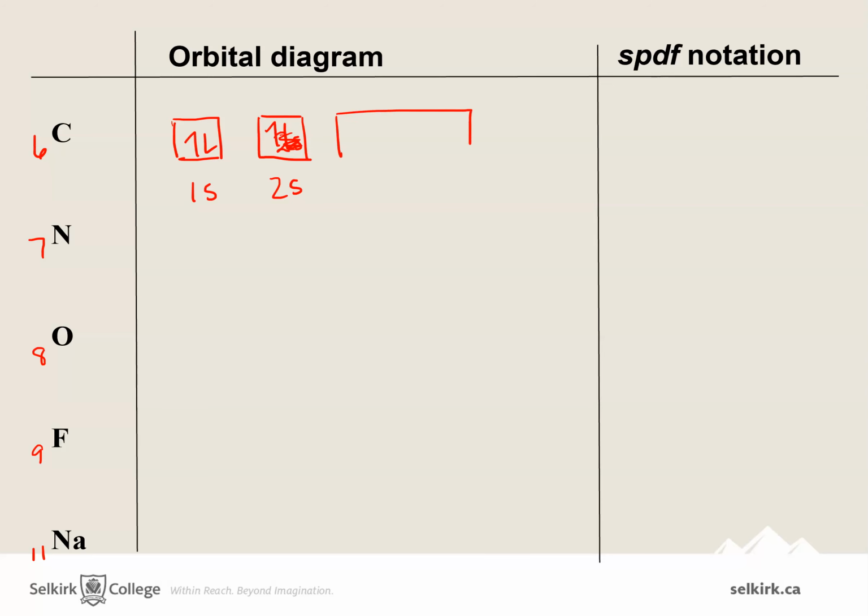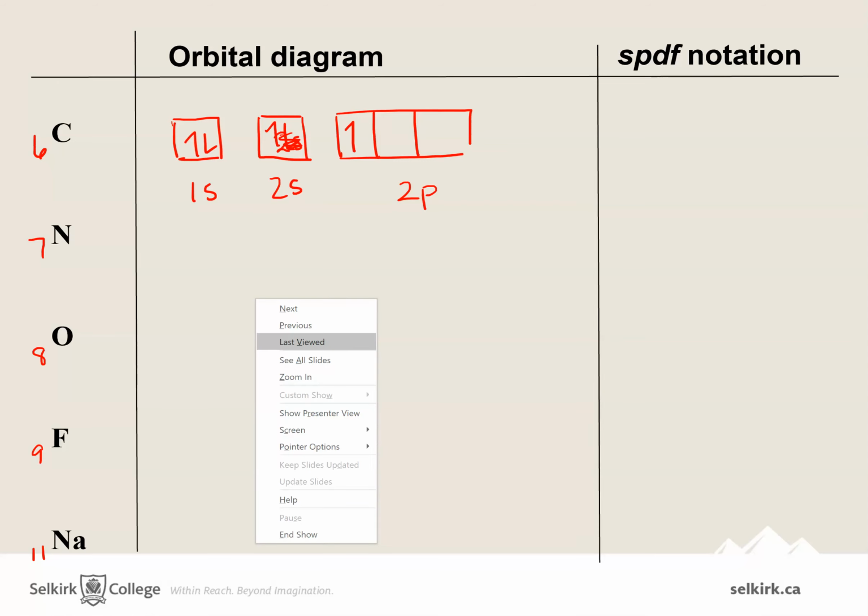Then comes the 2p. The 5th electron goes in there. Where does the 6th one go? I will finally need the 3rd rule on my list of rules.